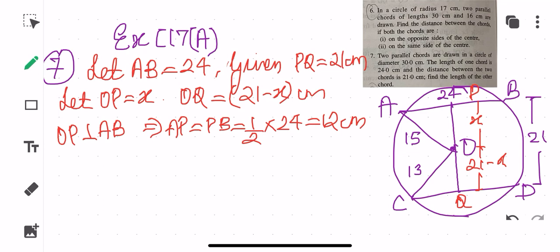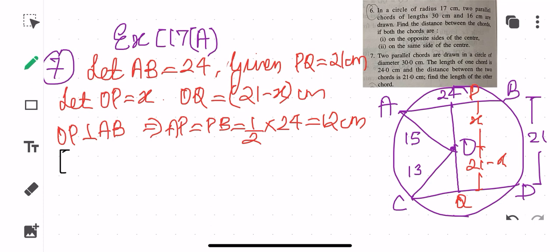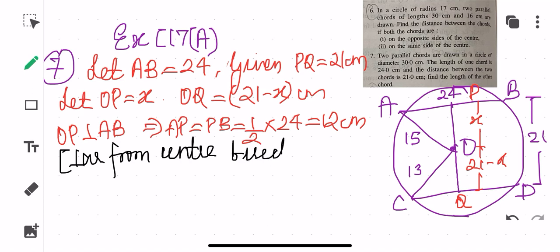As I told you, whenever and wherever you use any theorem, you need to specify the reason or the name of the theorem or the statement that you are using. So what is the statement here, children? The perpendicular from the center bisects the chord. So this is your statement.